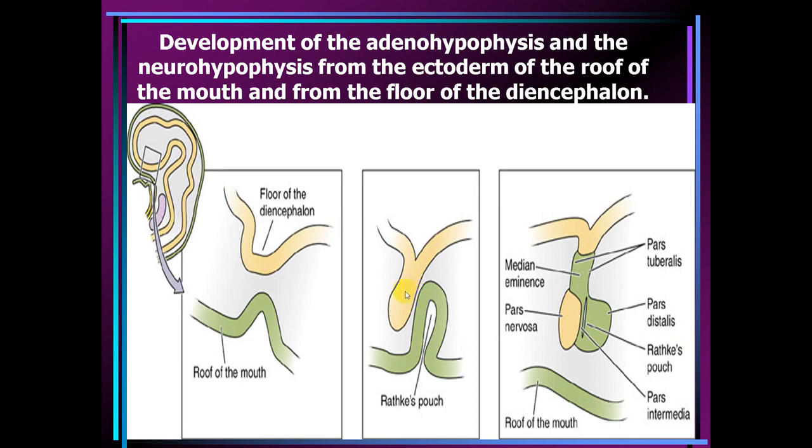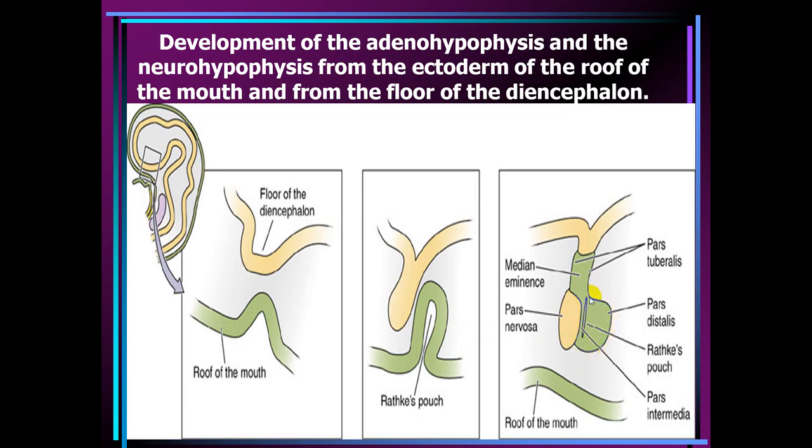Rathke's pouch and outgrowth of the diencephalon meet one another and appear as an organ-like combination of the components of the Rathke's pouch and infundibulum of the diencephalon. And now you see that green, it is adenohypophysis.